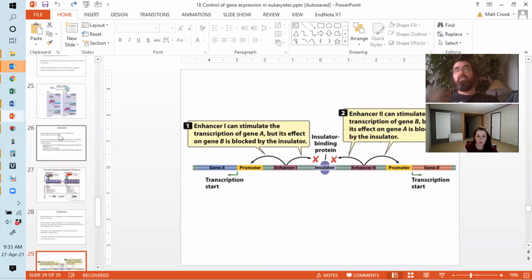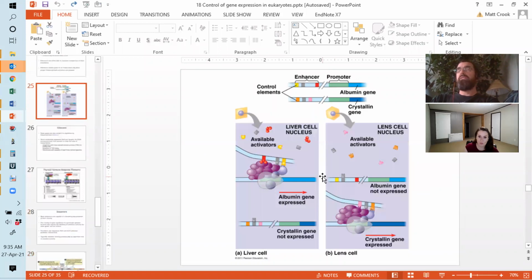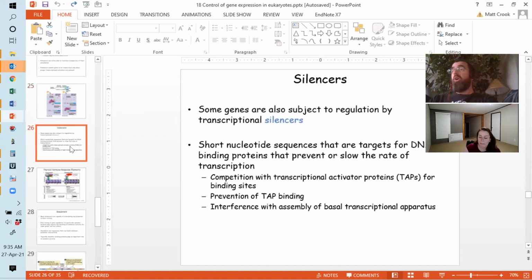So silencers, on the other hand: we have enhancers, whose role is to activate gene expression. We can also negatively regulate gene expression. We can silence genes, essentially by turning them off.